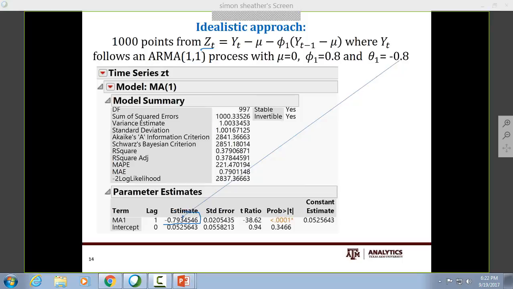We get something that does really well. We reproduce mu equals 0, and we reproduce theta 1 as something very close to minus 0.8. So in this idealistic approach, if we can figure out the AR order and subtract that out of the process, we can then use the altered process to figure out what the MA order is.